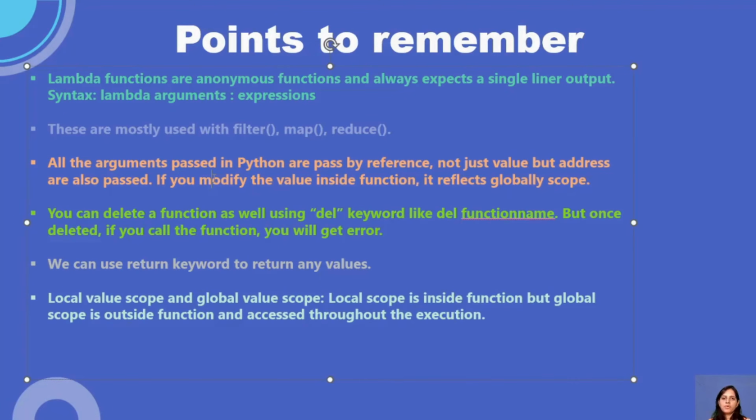Local scope: inside a function, whatever values we are passing, consider that you are passing some arguments inside the function definition, and those arguments are local scope.